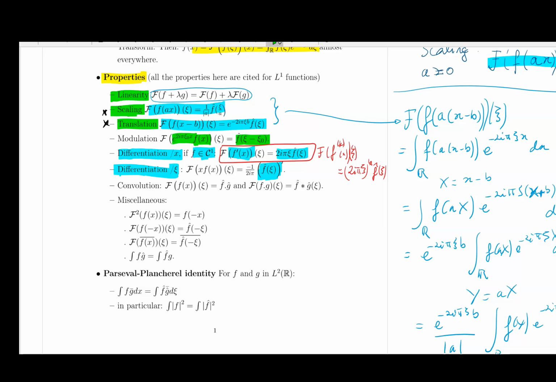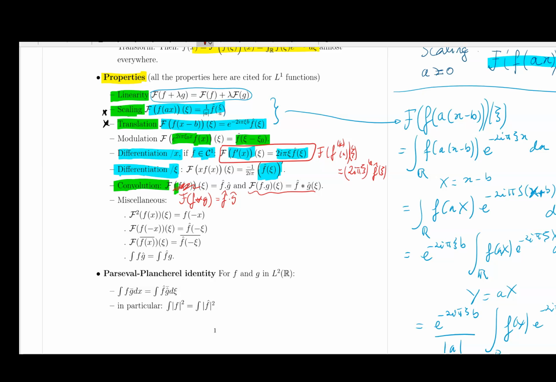So what other properties do we have? We have our convolution friend back again here. There's obviously something missing in my formula here. The Fourier series of f convolved with g is going to be the product of the Fourier series, and similarly the Fourier series of a product is going to be the convolution of their Fourier series.